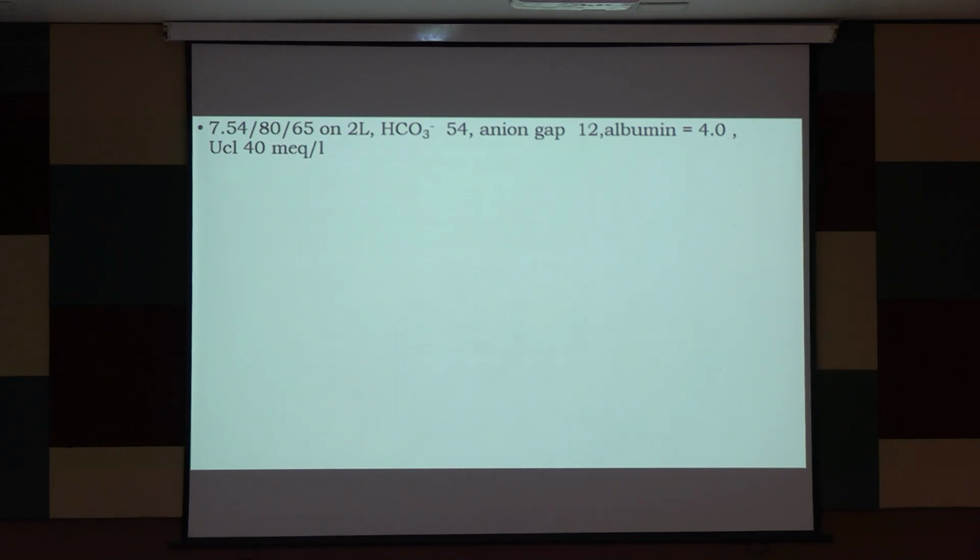Another question is pH is 7.54, PCO2 is 80 and PO2 is 65 on 2 liter oxygen, bicarbonate is 54, anion gap is 12 and albumin is 4, UCl is 40, urinary chloride. So what is the primary disorder?